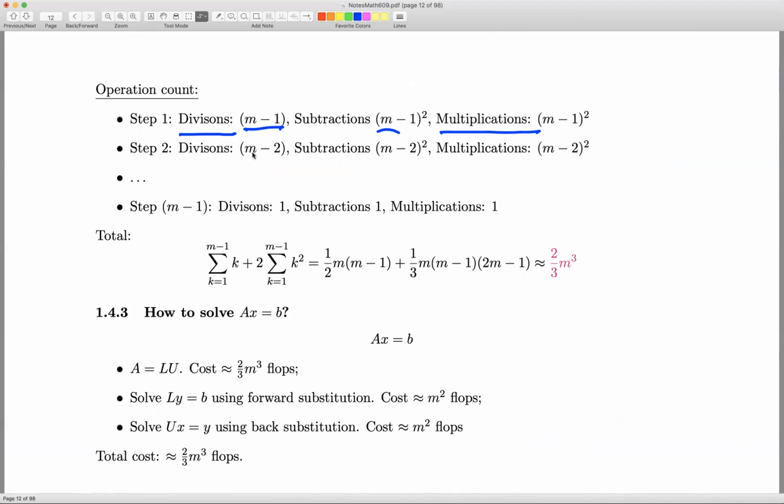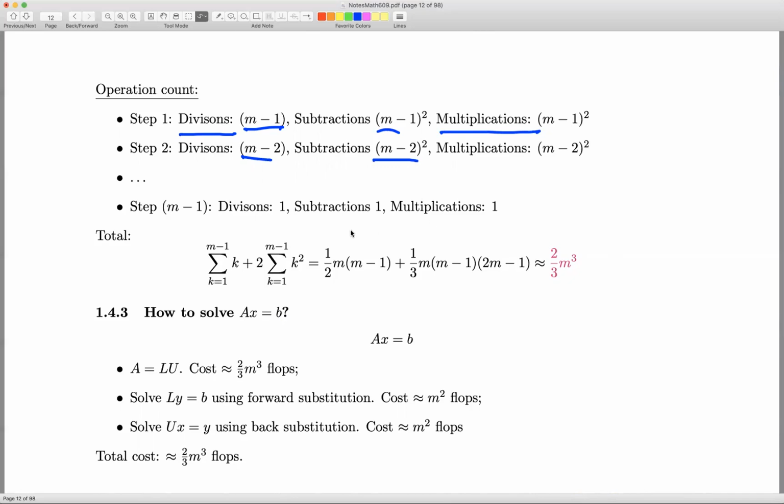So if the divisions here were m-1, the divisions here will be m-2. If the subtractions here were m-1 squared, they will be here m-2 squared, because the dimension of the problem reduced from m to m-1. And so on. At the very end, we will end up with ones everywhere.